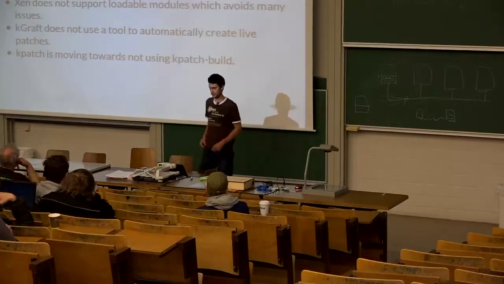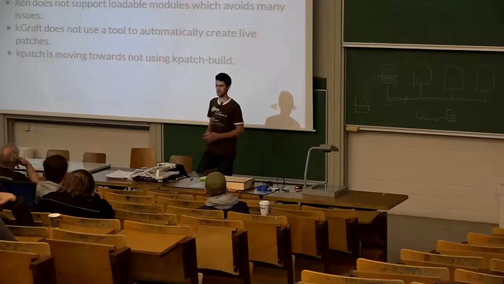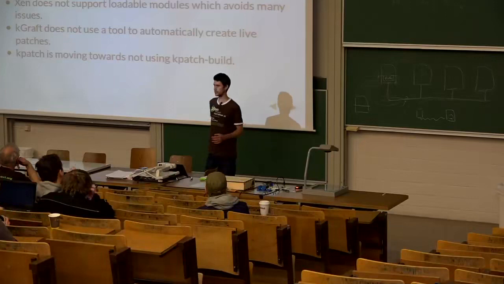Kgraft, as far as I know, does not have a tool to automatically create live patches. They have a tool to diff builds using the DWARF info, I think, and then you're meant to stick the replacement functions in a file and build that using the normal kernel module build system.